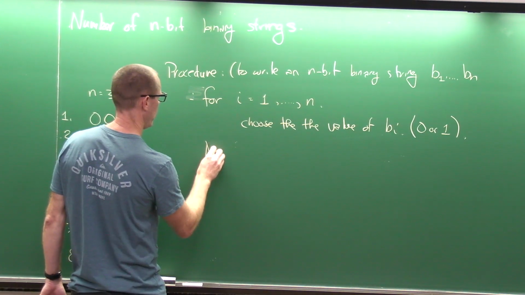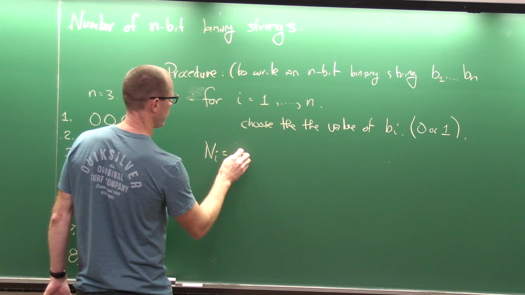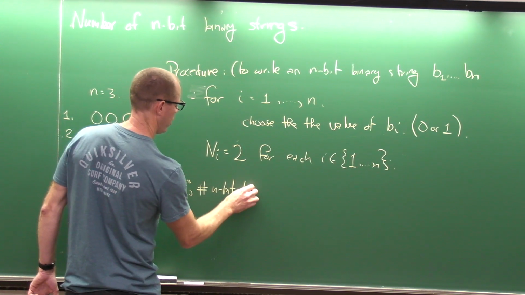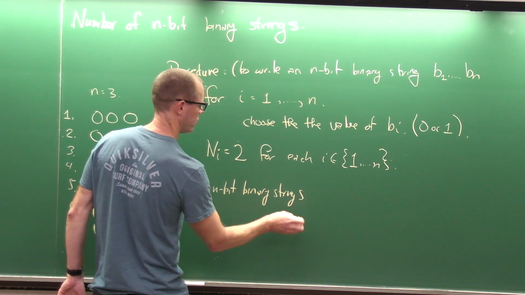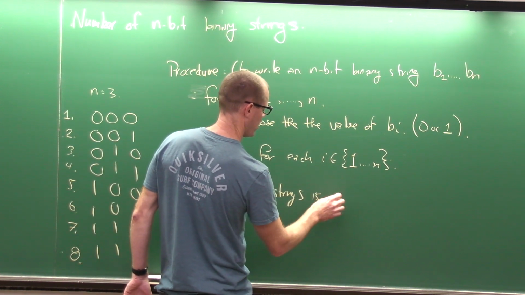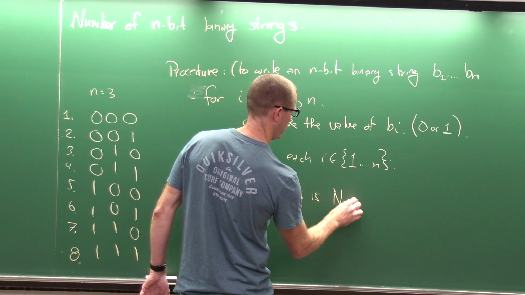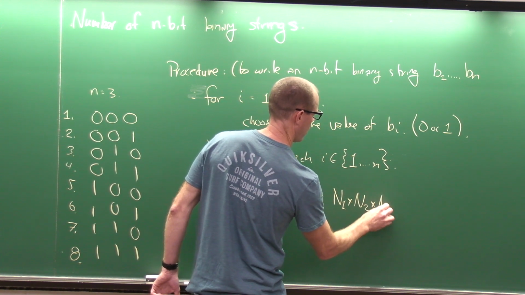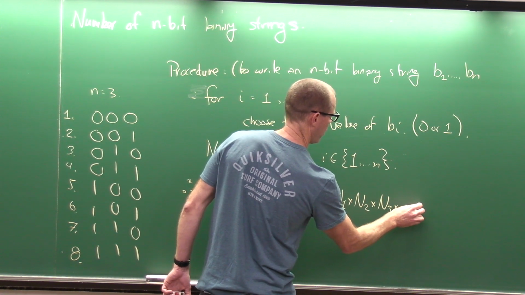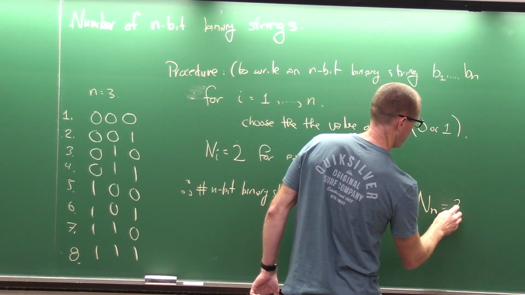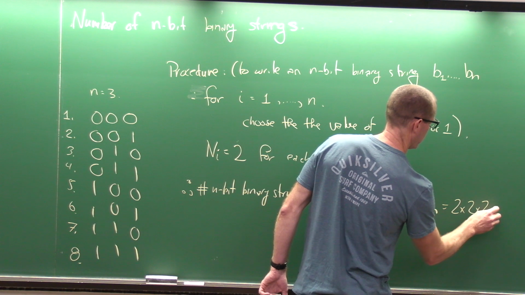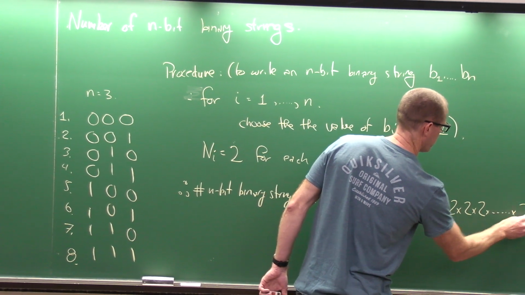So Ni is equal to 2, and the number of binary strings is N1 times N2 times N3 and so on up to Nn, which is 2 times 2 times 2 times 2.